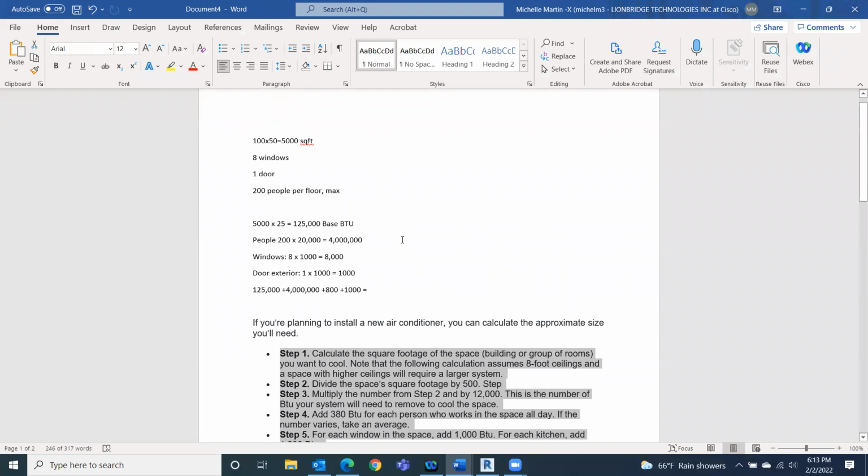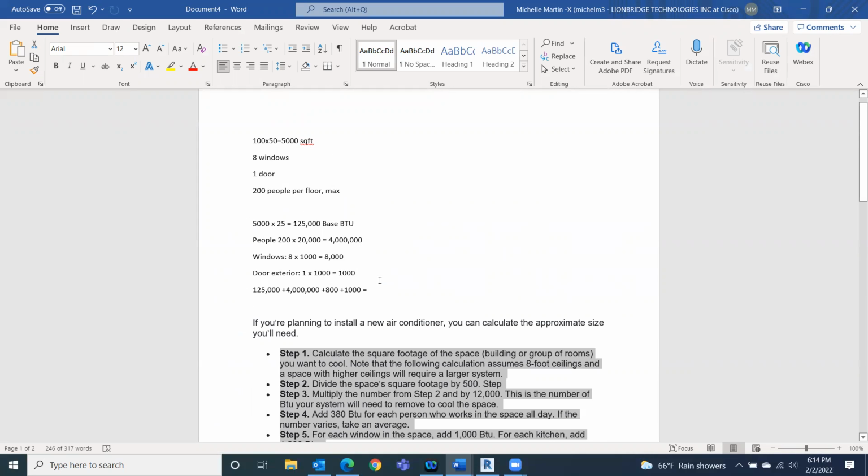So using the calculation that I gave you before, we had 100 times 50 to give us 5,000 square feet, 8 windows, 1 door, and I said 200 people max. I don't know if y'all came out the same thing. For 200 people max, it came out to like 4 million, which was weird. I didn't think about that because this is originally a residential calculation, and it doesn't really translate to commercial.